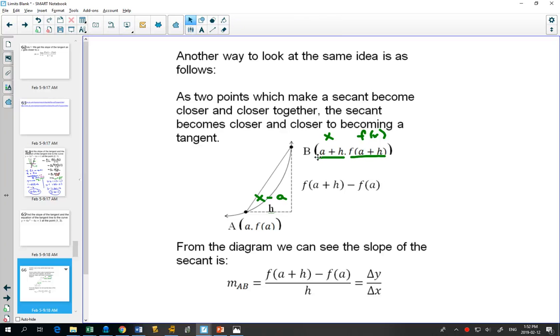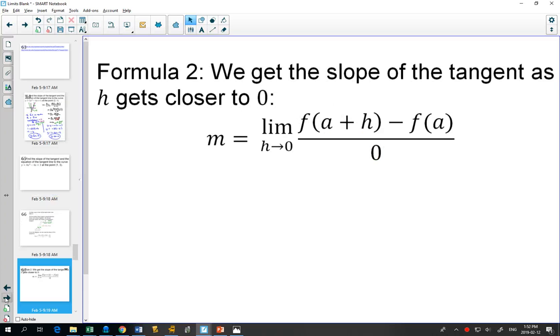So my slope here is the same idea, rise over run, but now we get f of a plus h minus f of a all over just h instead of x minus a. And if we wanted to find our slope, now it's the limit as h goes to 0. And this is a typo, this should be h. And this is formula number 2.